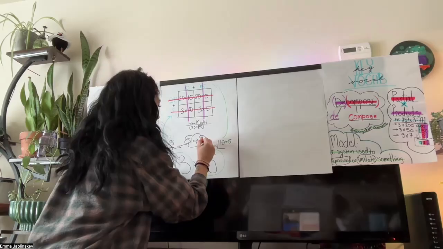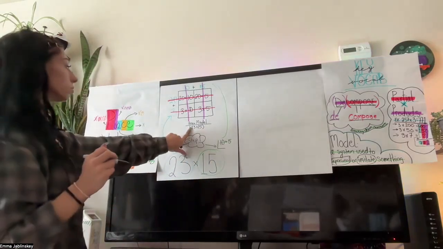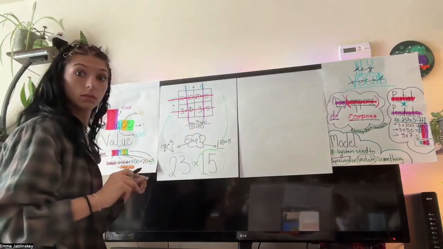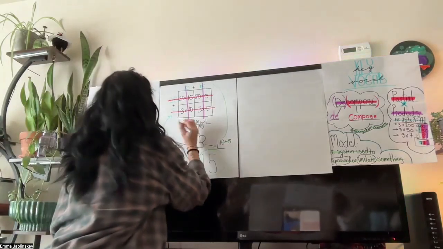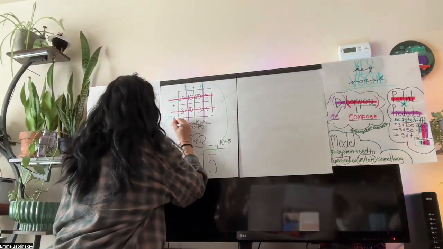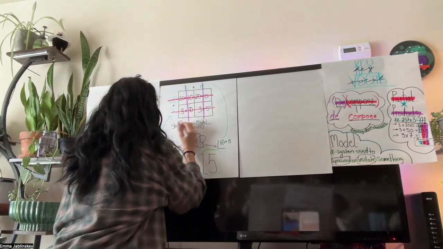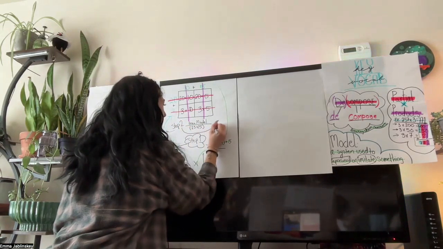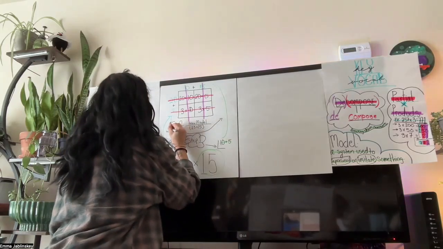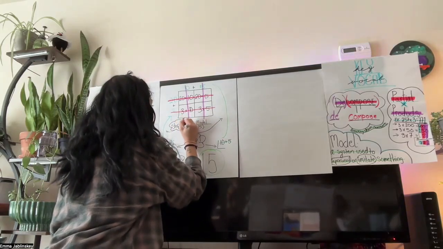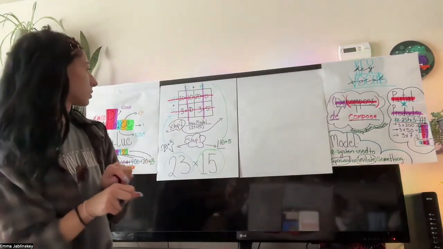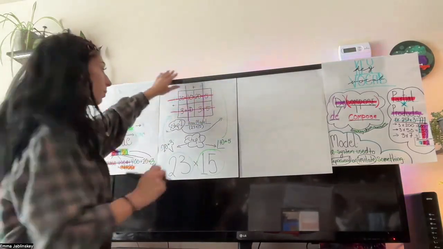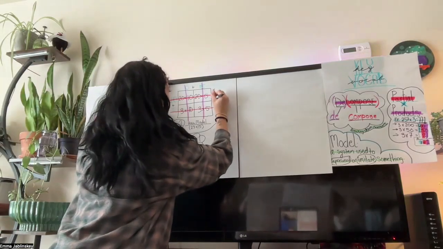Step 2 is inputting our numbers into our area model. Step 3 was to fill in our area model. So this one's going to be step 3.